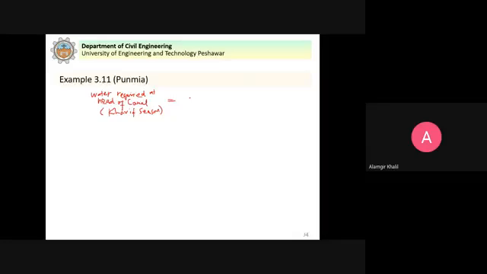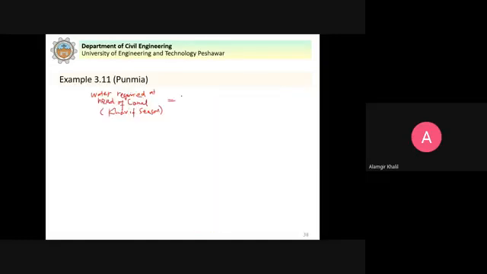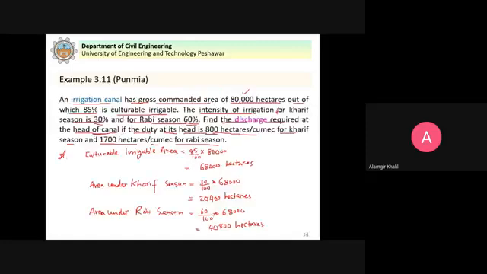So that will be how much? We have the total area here under Kharif season, that is 20,400 hectares, divided by what is the duty here.